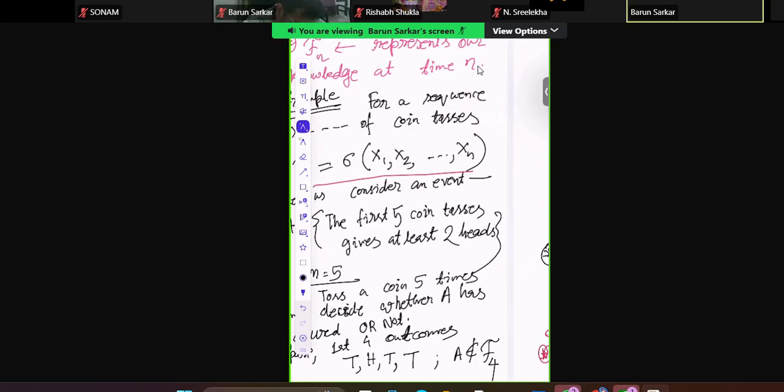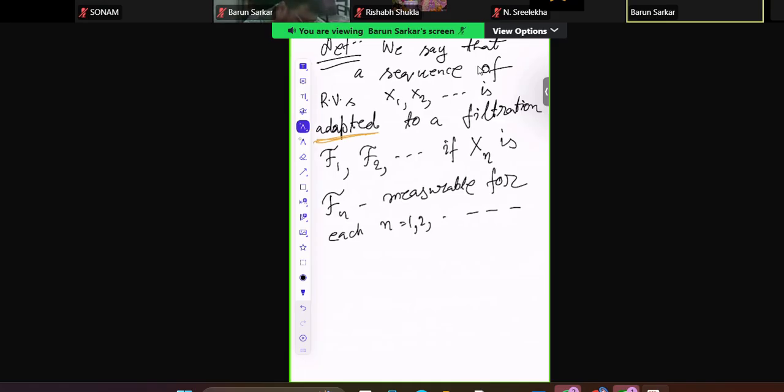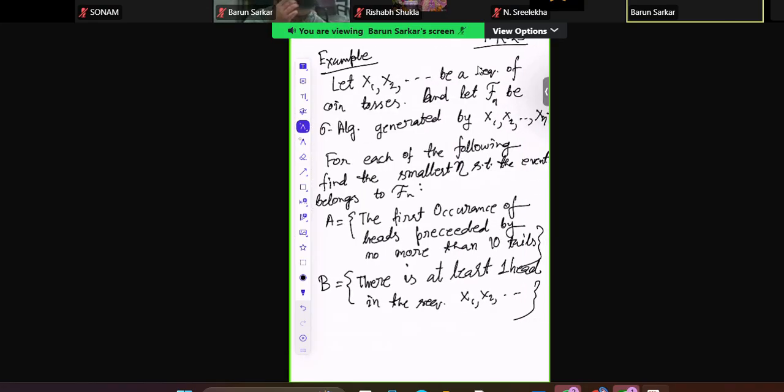Correct. So X1, X2, Xn is a sequence of coin tosses means you toss the coin and note the outcome, head or tail.